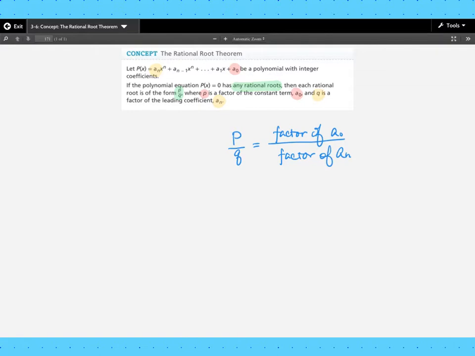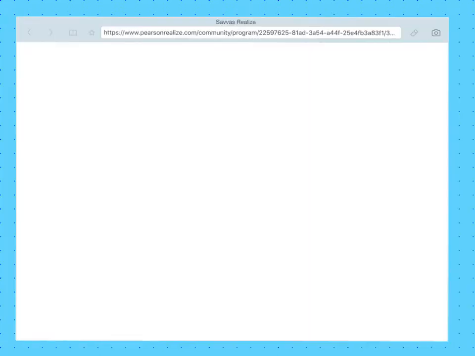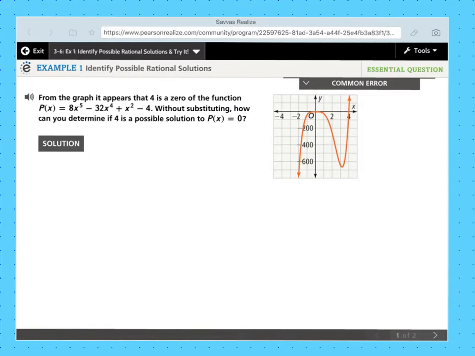Now let's look at a real example here. In this example, it says from the graph, it appears that 4, which is right here, is a 0 of the function p of x equals 8x to the 5th minus 32x to the 4th plus x squared minus 4.